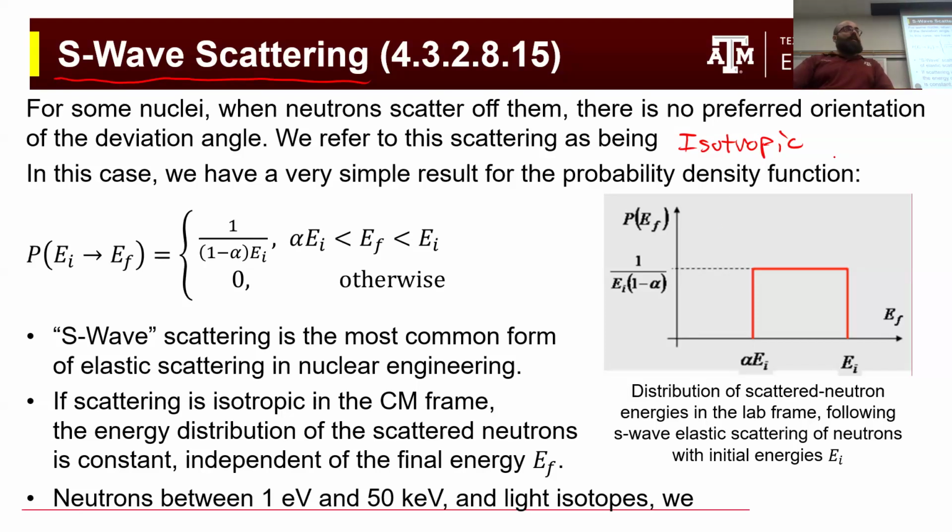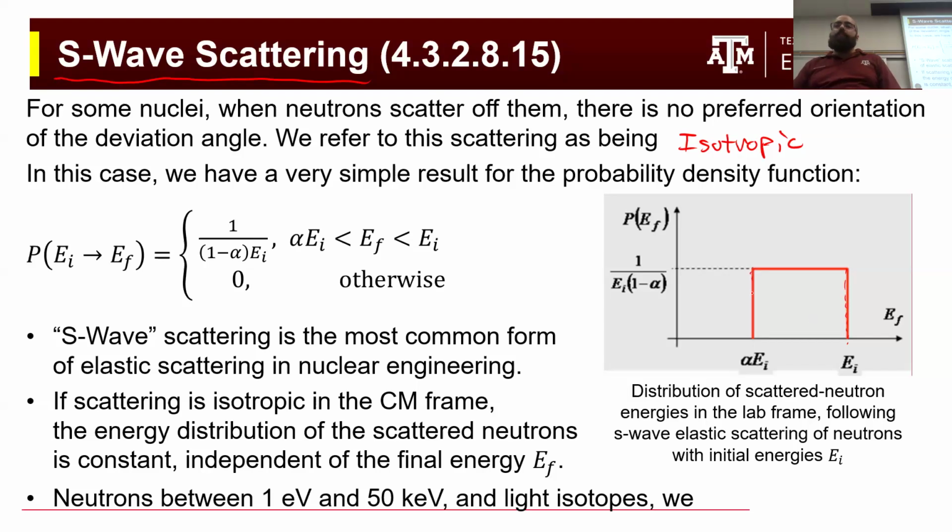And if it's S-wave or isotropic scattering, then this is the kind of probability density function that we have. And this is basically the exact same way that we sketched this out when we were first introducing the differential scattering cross section, where EI is the incident energy, and that's basically the best that we can do is to come out of that scattering reaction with the same energy we started.